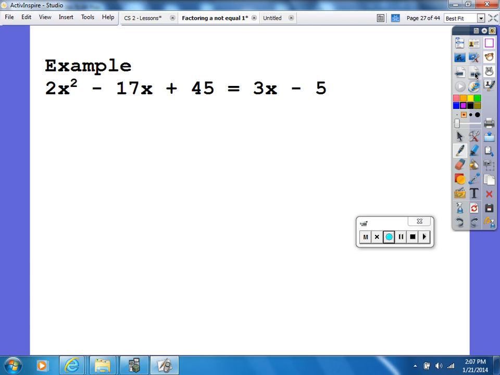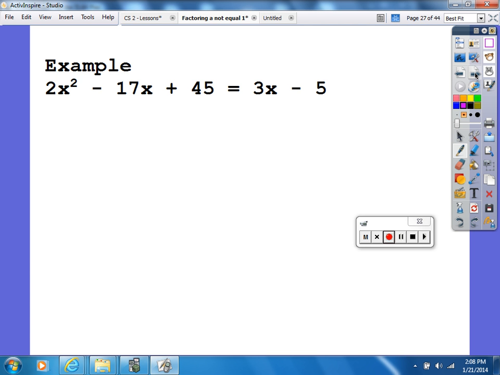So my first question, what's different between this one and the ones before it? Okay, I need to get all my x's on one side. It doesn't equal 0. So when Jesse was saying I need all my x's on one side, he's actually thinking about how do I get it equal to 0.